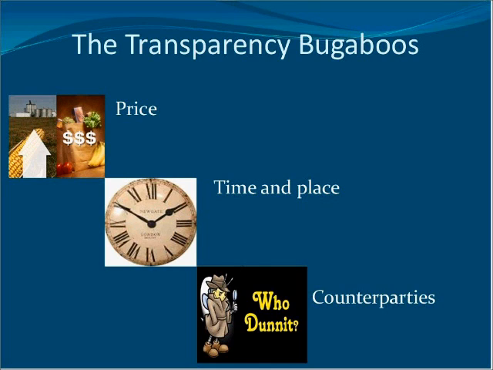So the first one is price. We should be able to see what the price is of the security that we're trading. And you might say, well, of course. But the market structure now has evolved in a way that isn't always the case. And I'm going to talk about in the next slide something called dark pools, which has received a lot of attention in the media, and it's received a lot of scrutiny, and it's been the subject of a lot of controversy.